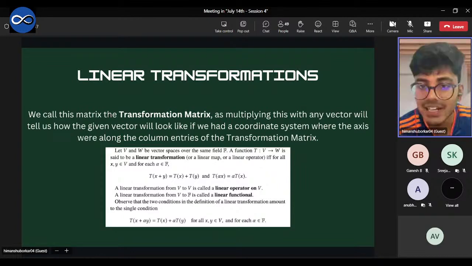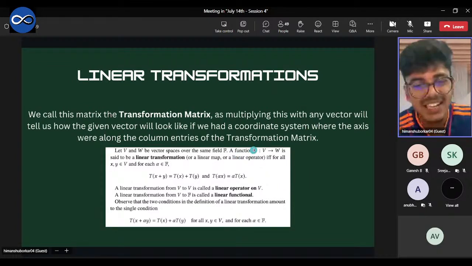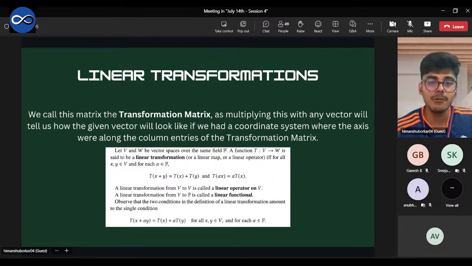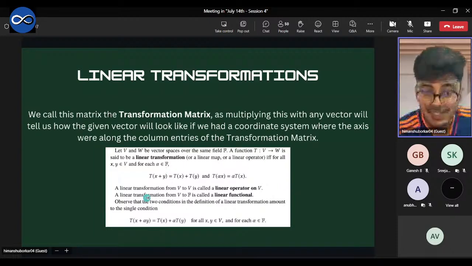As I defined linear transformation as a function, T here is the linear transformation.